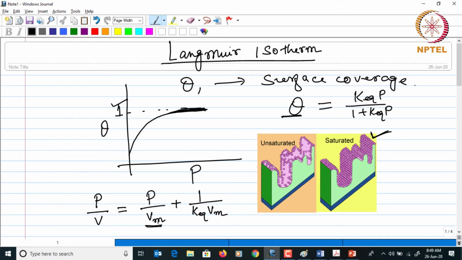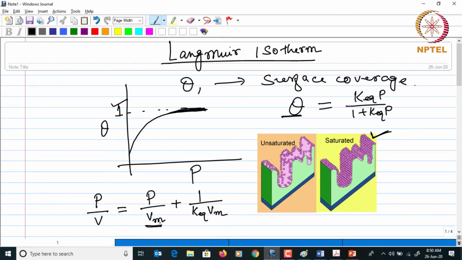Now coming back to this BET surface area, that is basically an extension of this Langmuir isotherm, wherein instead of a monolayer, the layers beyond that, that means formation of multilayers is considered, and this isotherm equation is modified accordingly, and this equation then can be used to calculate the specific surface area.